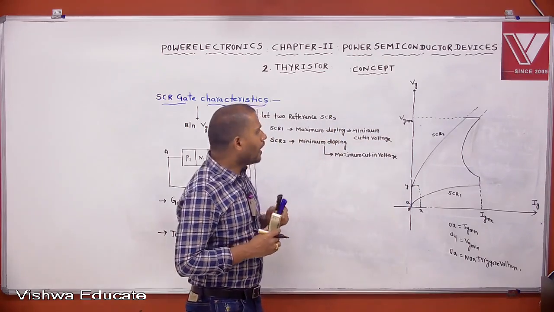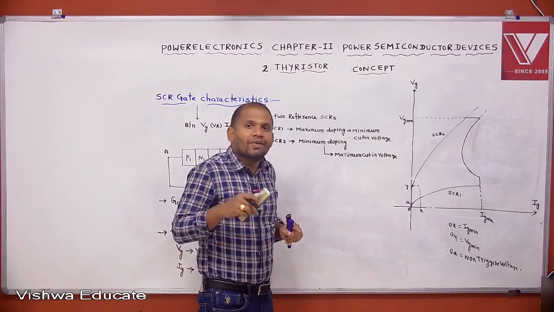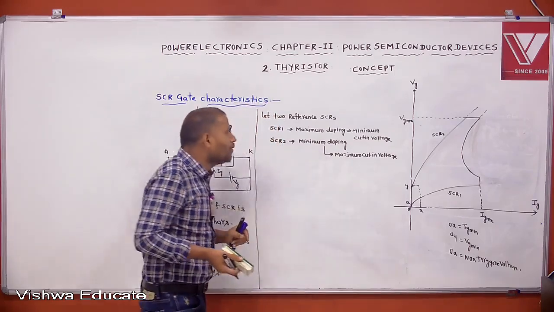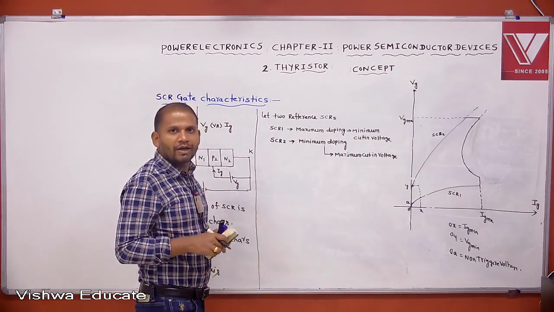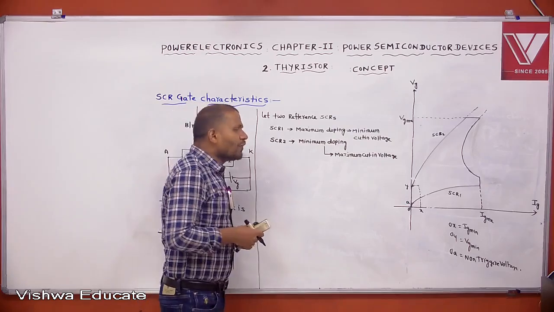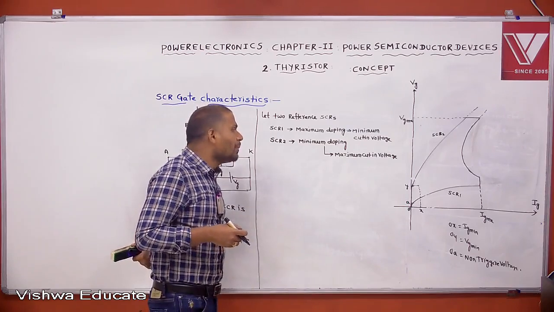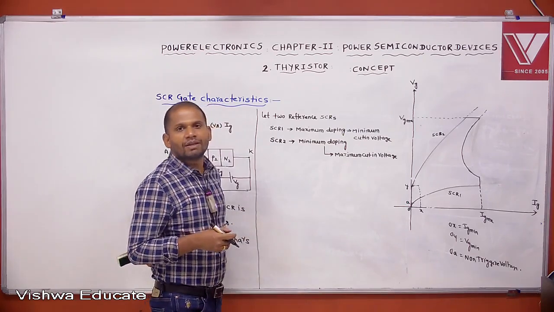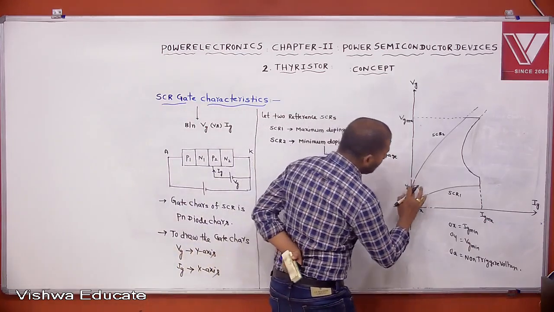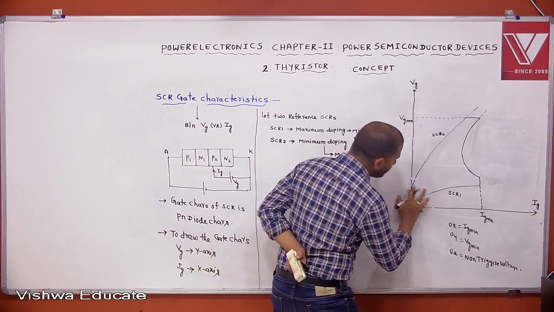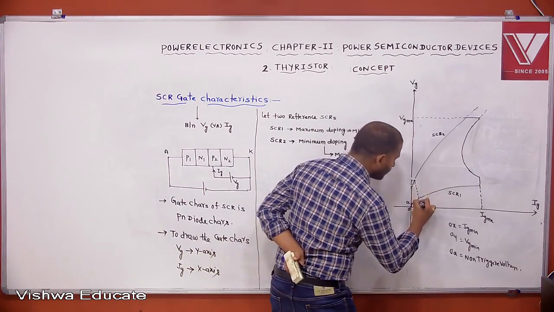Now let's assume that for a given SCR you want to find the operating point of a gate terminal. Then how do we find it?